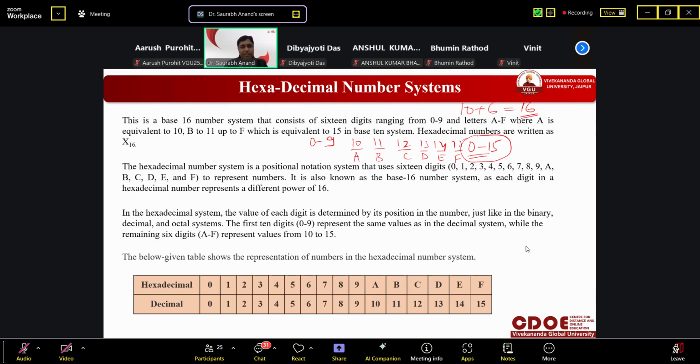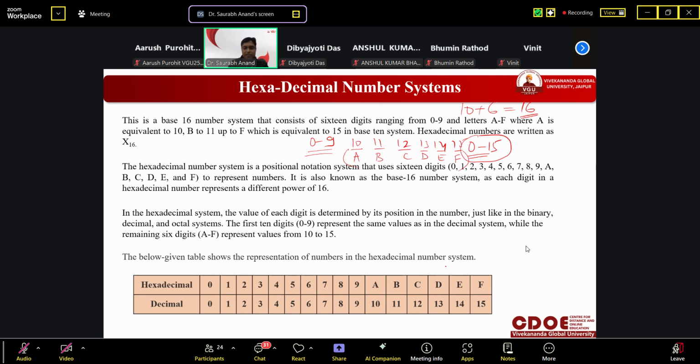So for 10 to 15 we will use A to F, right? Sequentially A, B, C, D, E, F, right? So these six numbers will be represented by alphabets and remaining 0 to 9 by 0 to 9 only.